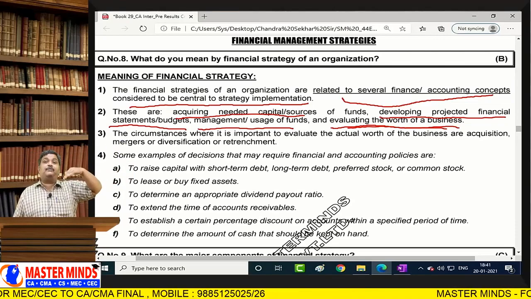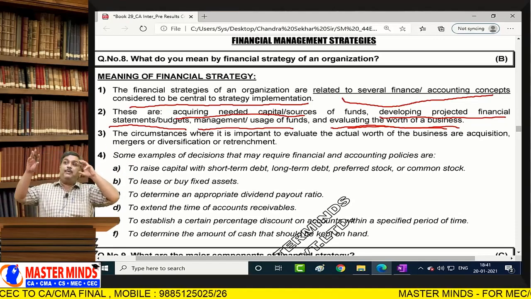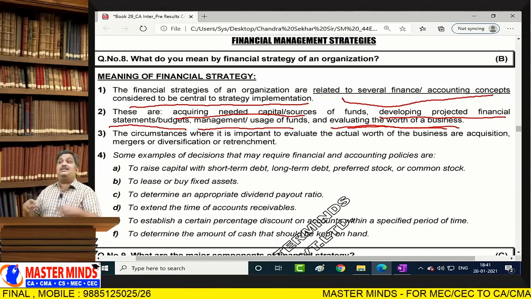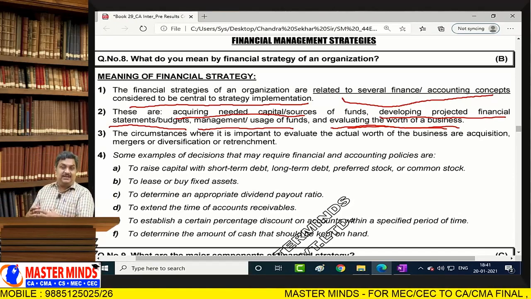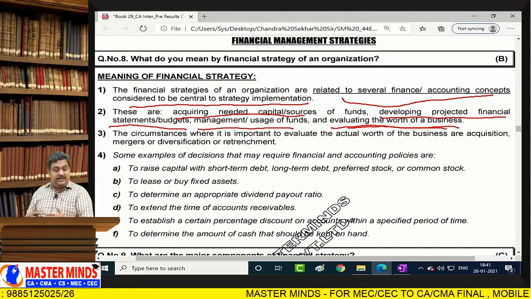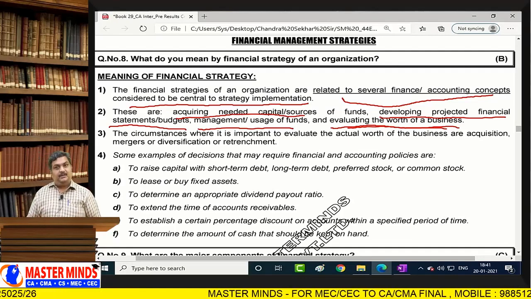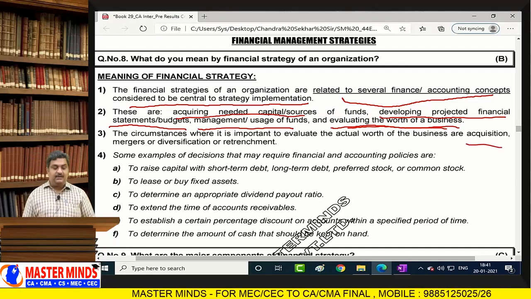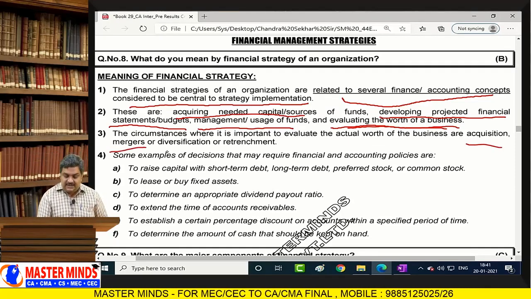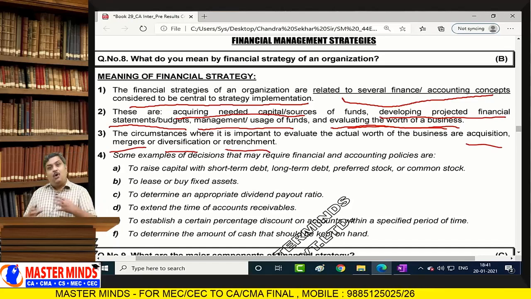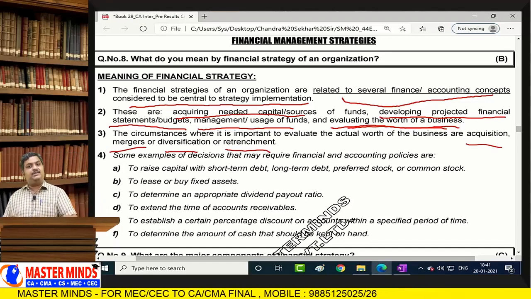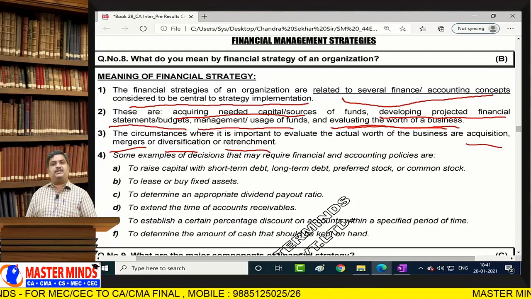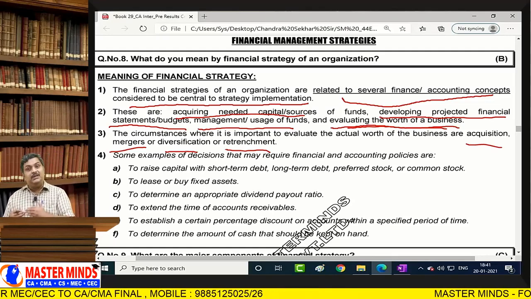And what about the net worth after retrenchment? And whenever you want to purchase a company, whenever you want to acquire a company, you need to know its net worth, its market capitalization. So, evaluating the actual worth of a business is very important at times of acquisition, mergers, diversification, or retrenchment. In all these situations, knowing about the actual worth of the business is very important.